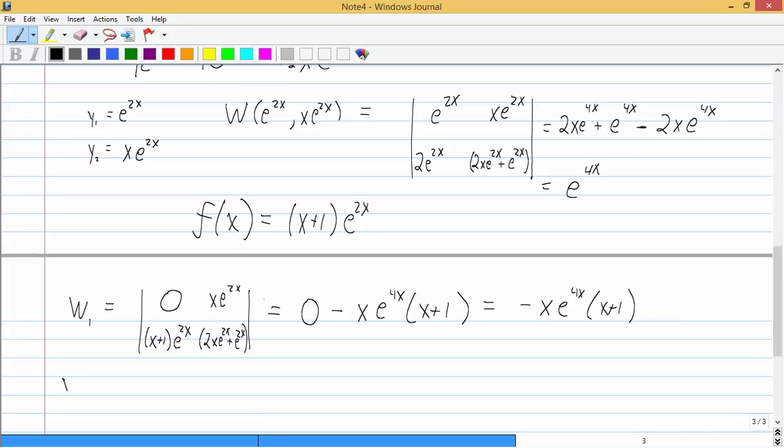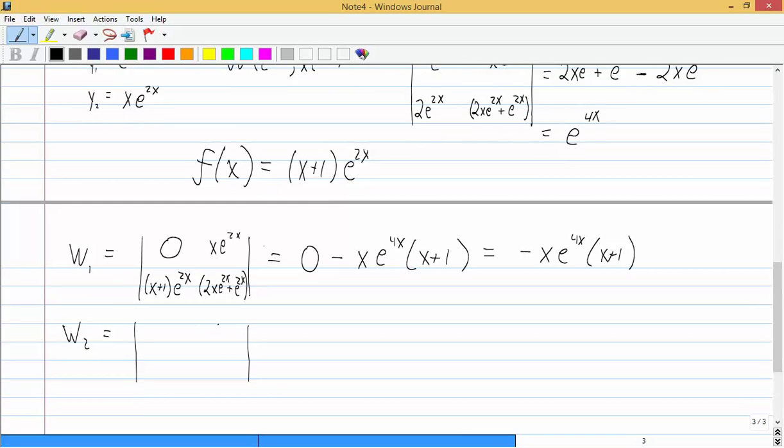Let's go ahead and find our Wronskian sub 2, or our w sub 2. So just like how you have to change things up with Cramer's rule, where you replace a column, the variable that you're trying to solve for, by what all your equations are equal to. It's very similar. W sub 2, the second column needs to start with a 0, and then underneath that you put the f of x. So that's going to be x plus 1 times e to the 2x.